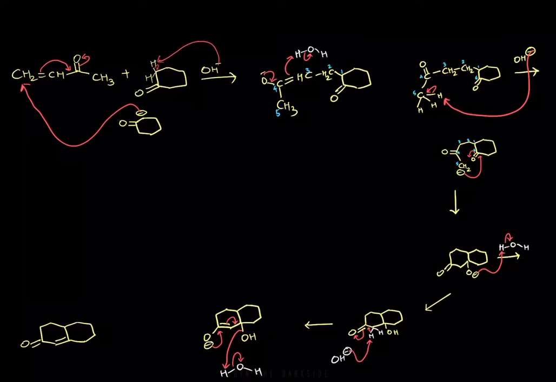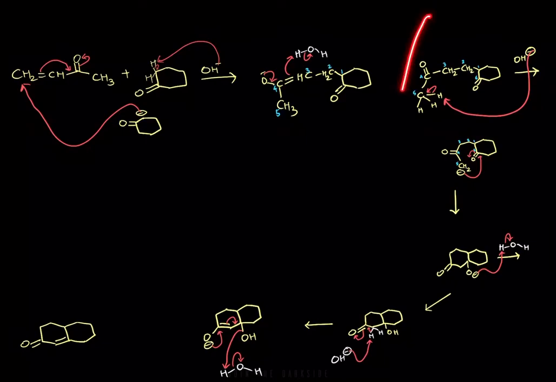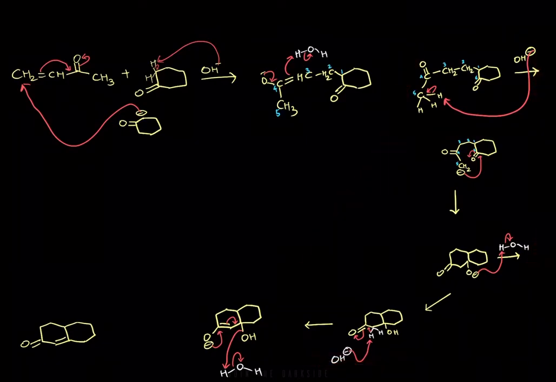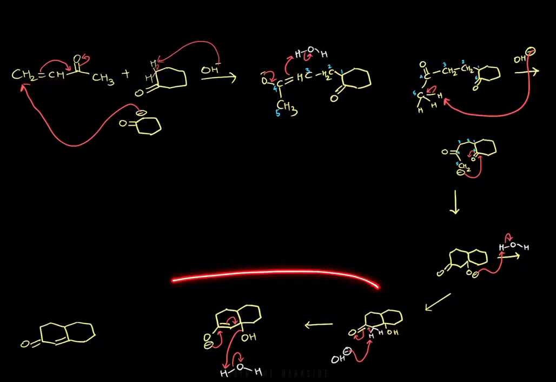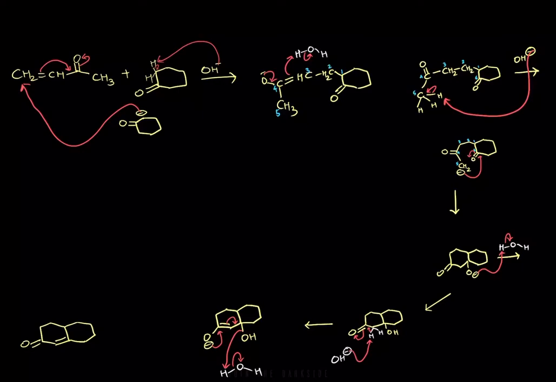This part right here is the Michael addition reaction, from here to here is the intramolecular aldol addition reaction, and from here to here is the dehydration of the aldol addition product.